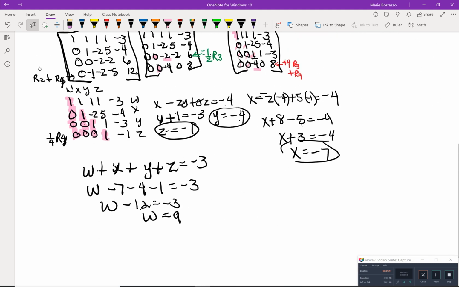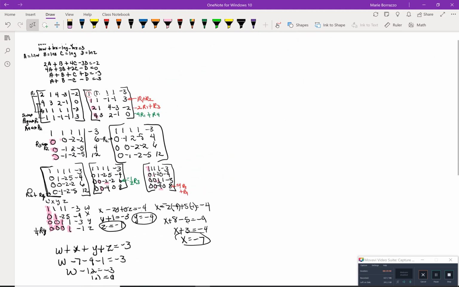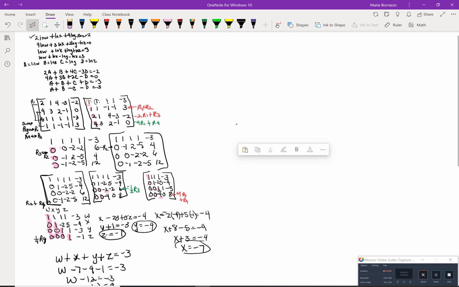All right. I'm trying to shrink it so I can see everything. So that means I have that A value, for example, is equal to the natural log of W. A is equal to natural log of 9, as an example.